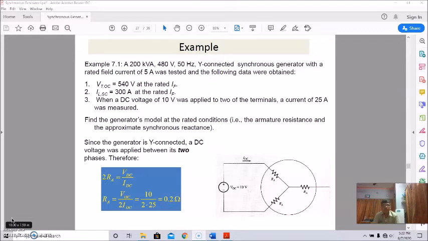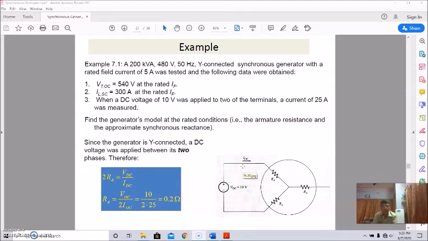Since this generator is star connected, a DC voltage was applied, and these are the armature resistances. If a DC voltage of 10 volt is applied between any two of its phases, as a result 25 ampere current is flowing. So this will be RA plus RA, so 2 RA should be equal to VDC by IDC, that is 10 by 25.